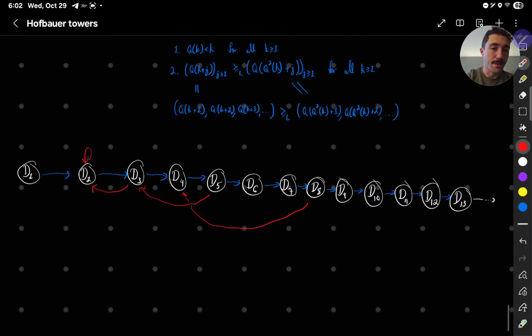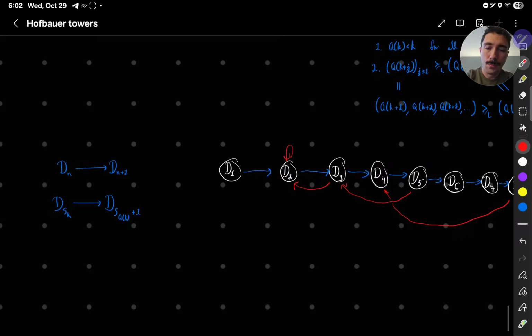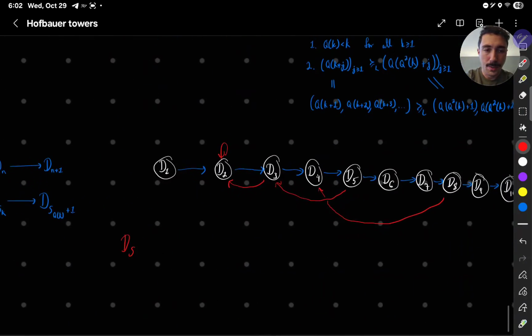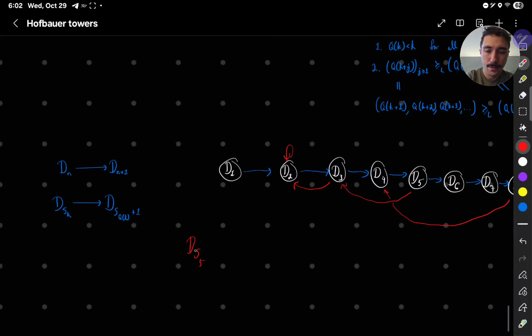I'm going to guess D13 goes down to, say, D6 or something. Let's check. ds, what did I do last? We had 8. So S4 was 8, so we're looking at S5. And that's 13.